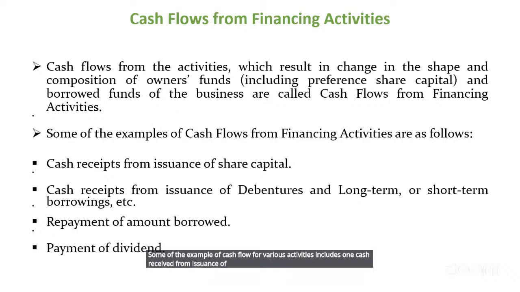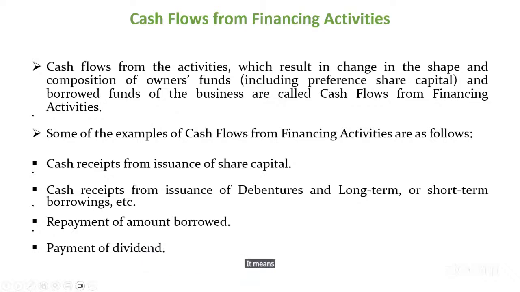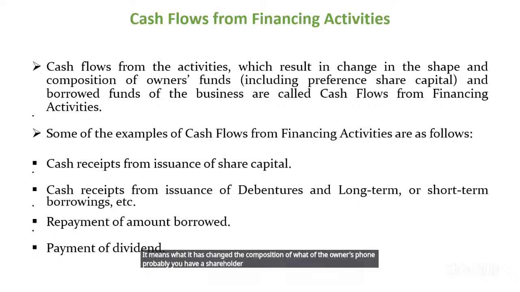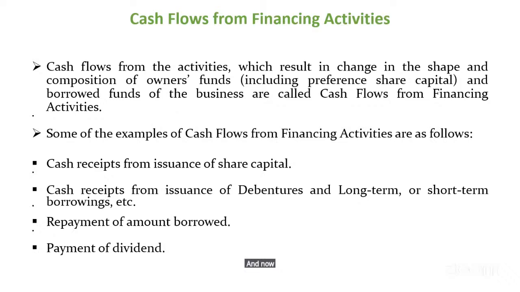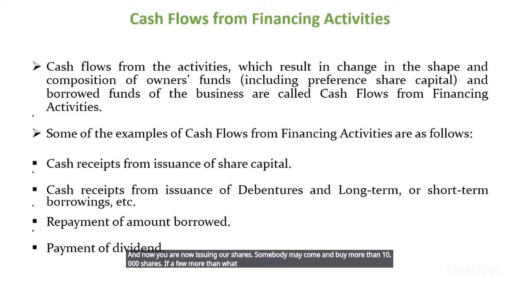When you issue share capital, it means it has changed the composition of the owners' fund. Probably you have a shareholder that was holding, say, 10,000 shares, and now you are issuing out shares. Somebody may come and buy more than 10,000 shares. It has changed the owners; maybe the highest shareholder will not be there again.